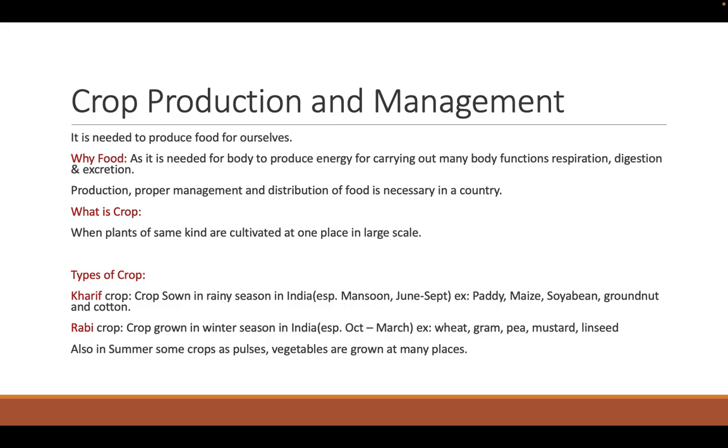It appears, and after that, monsoon starts. So for summer crops, usually a few crops are appropriately picked. Mostly those are pulses like dals and all. Vegetables are grown in many places during this summer time frame.